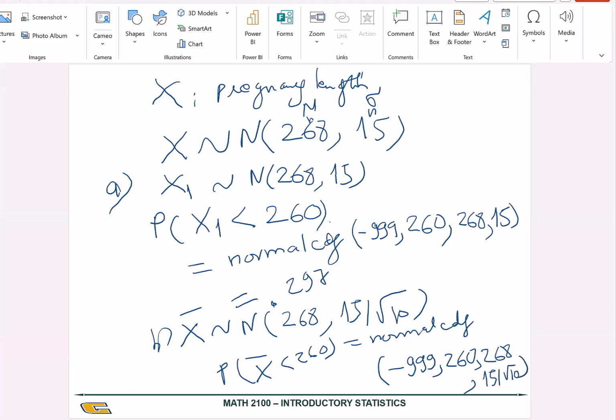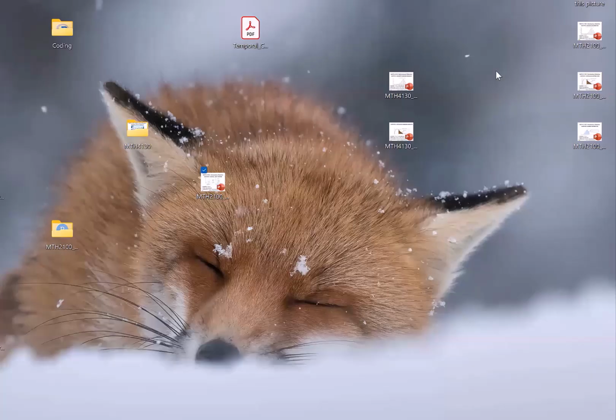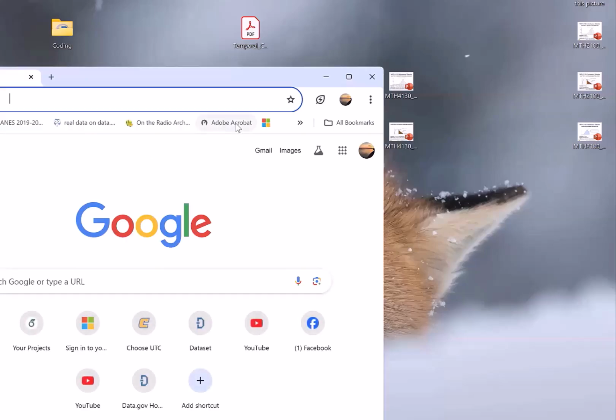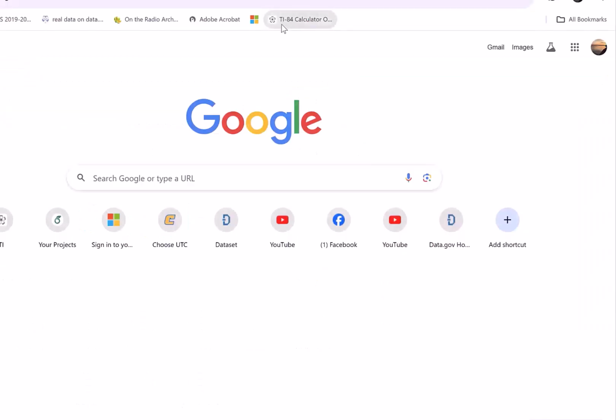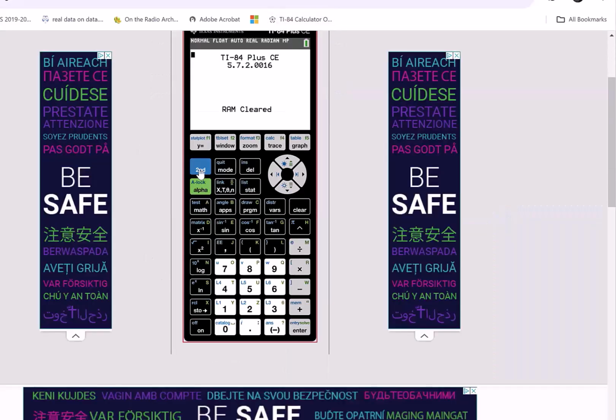Let's see it in the TI calculator. Second, distribution, normal CDF. Very small number, we can put negative 999, it won't affect. Then 260, 268, and 15 divided by square root of 10.